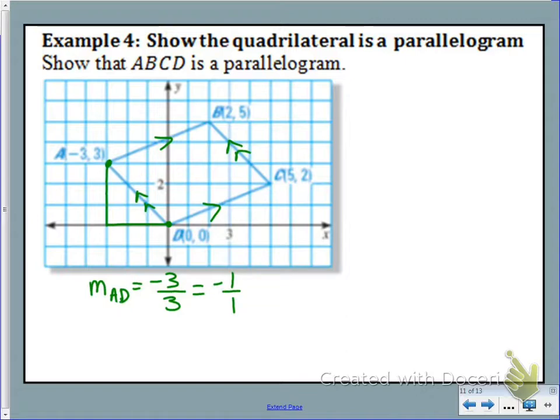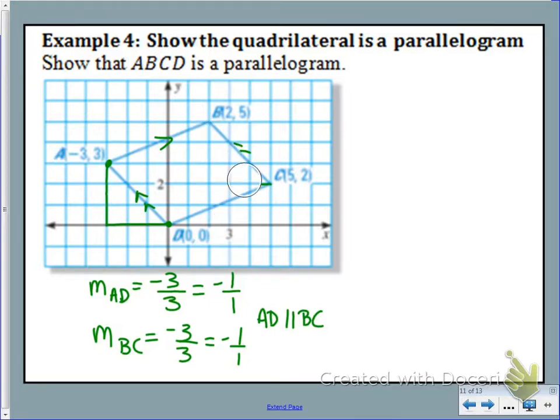Now, if these opposite sides are indeed parallel, then the slope of the side opposite AD, in this case BC, would also have the same slope of -1 over 1 because we know parallel lines have the same slope. Well, if I look at this, I have a rise over run of -3 over 3, which becomes -1 over 1. So I have confirmed that AD is parallel to BC because their slopes are the same.